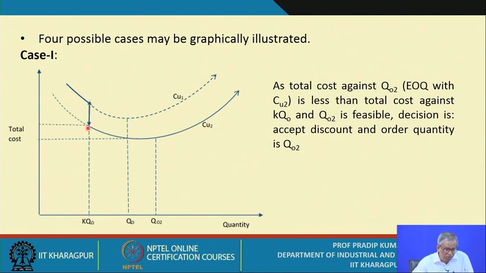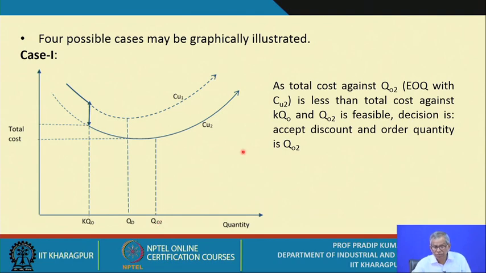So immediately you move to the total cost curve with CU2, and then you proceed in this direction. When you move in this direction, you come across a point on the cost curve which is the minimum, for which the order quantity, that is the economic order quantity with CU2, is Q02.